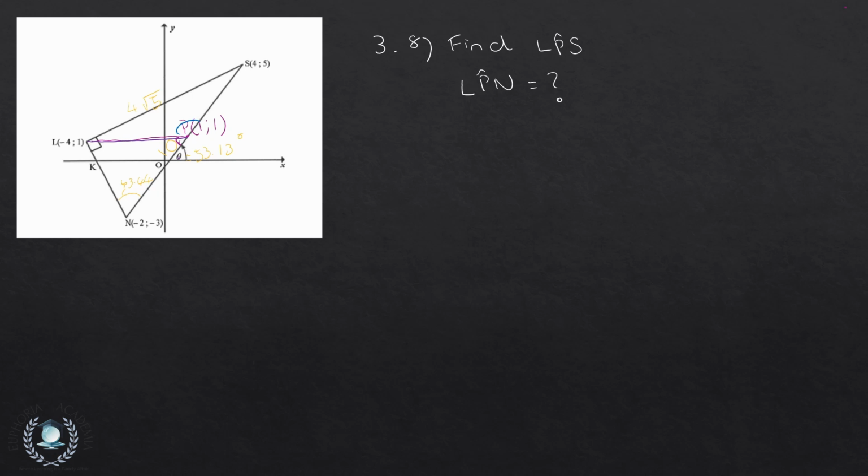So we can say that our angle LPN is equal to 53.13 because of alternate angles. And then from that, LPS plus LPN will give us 180 degrees because these are angles on a straight line.